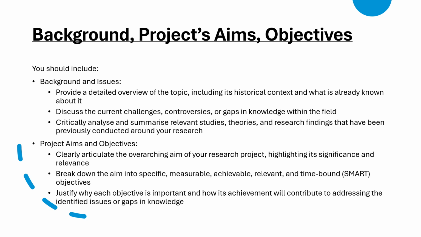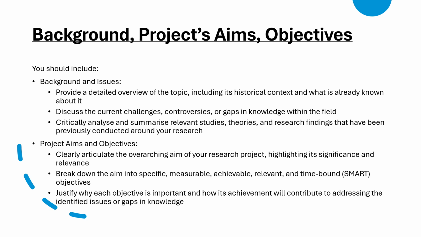The aims and objectives. The aim of the research is what you are trying to achieve. What is your goal from conducting this research? The aim should also be very clear.